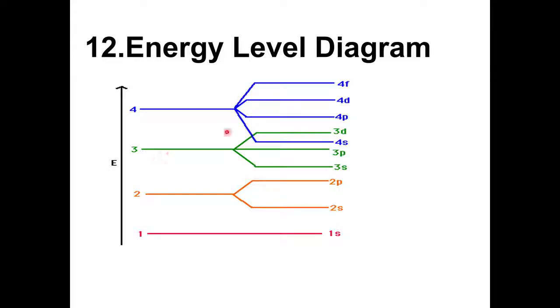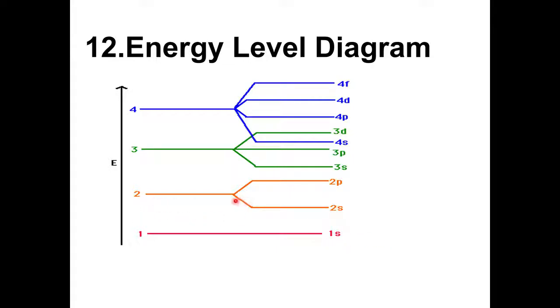Now I can depict the same in terms of energy. Here you can see 1, 2, 3 refers to the principal quantum number, and this is the potential energy. In principal quantum number 1, I have only one orbital, that is 1s.